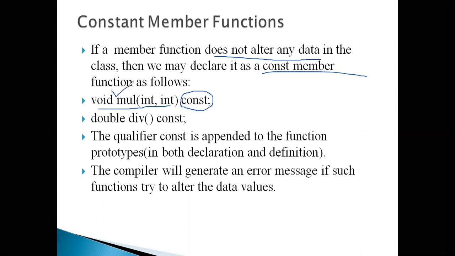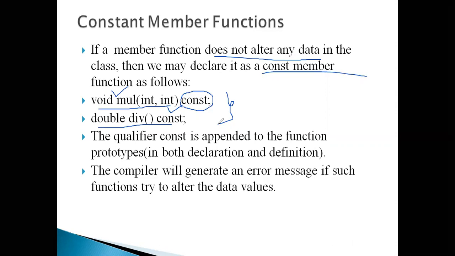When we make this function a constant function, we cannot alter any data in that constant function. If you try to modify or alter any data, the compiler will generate an error like this. This is the way we declare a member function as a constant member function.